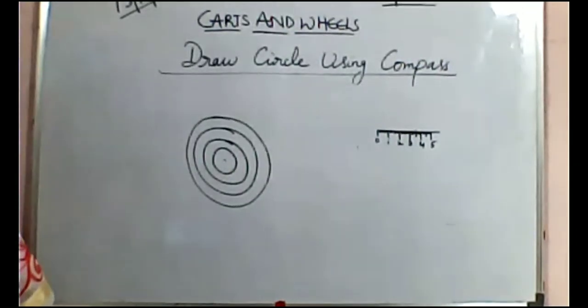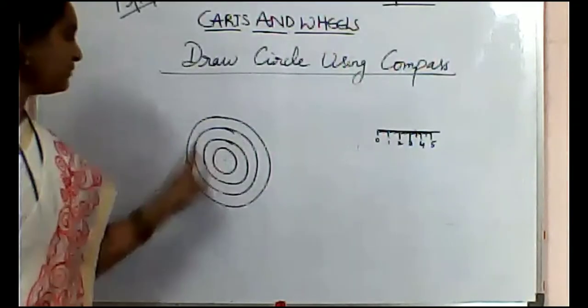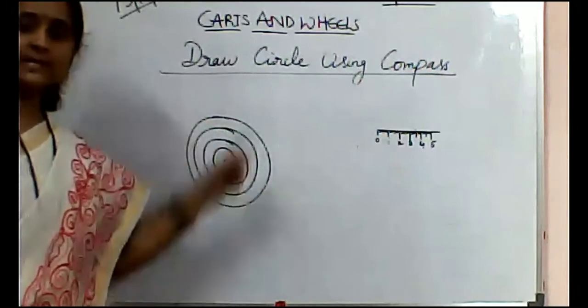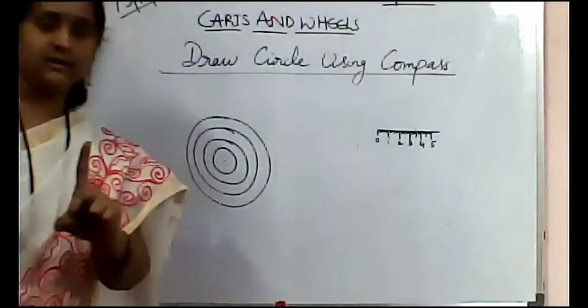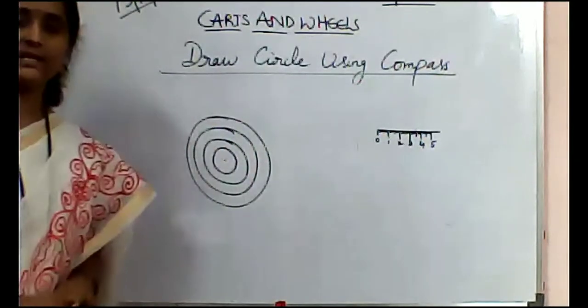Yes, ma'am, from this we can see that from one center point there are many types of circles with different radii. Here you have only one center point and we have so many circles having one center.